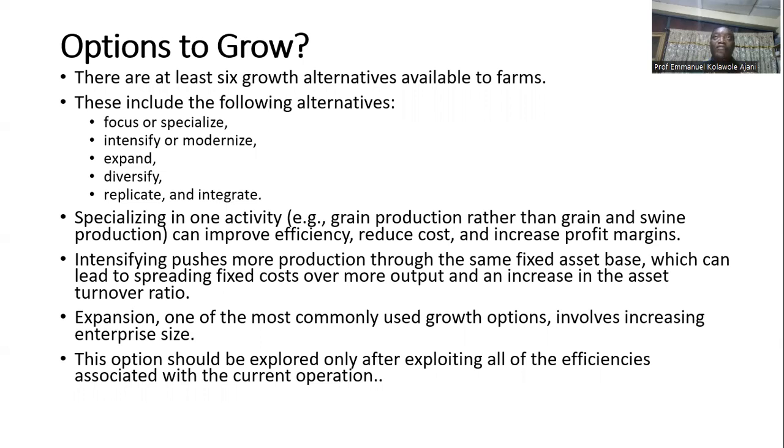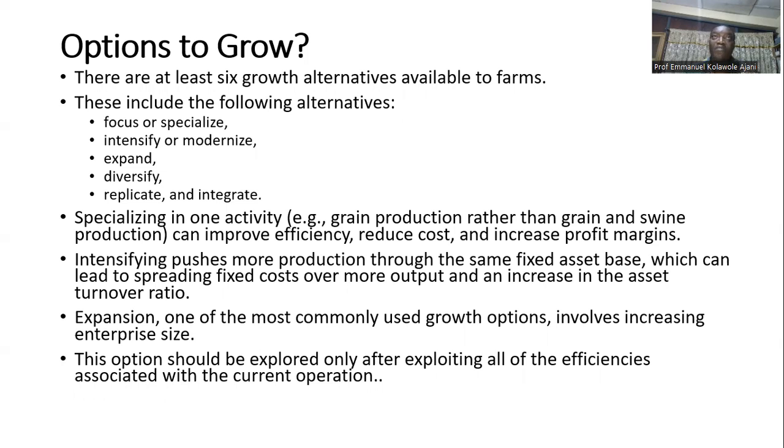They are the options that the farm can take in ensuring that they achieve growth. The first option is whether the farm wants to focus on certain things or specialize in a certain area, whether they want to focus on a certain commodity or specialize in an area.